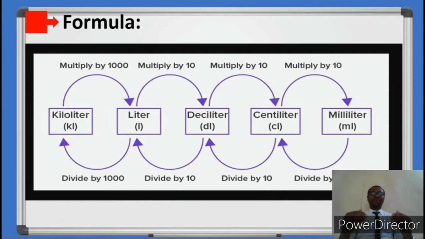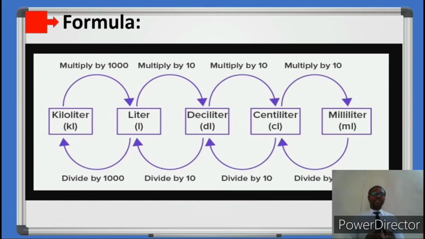Then at the top, from kiloliter to milliliter, if we are converting from a bigger unit to a smaller unit, we multiply. But if we're converting from a smaller unit to a bigger unit, we divide. Now, if we want to convert from kiloliter to liters, we multiply by 1000, because 1000 liters equal to 1 kiloliter.